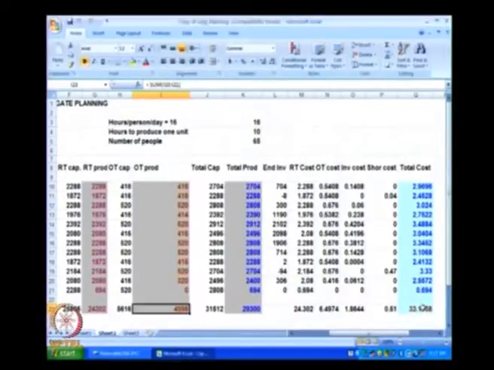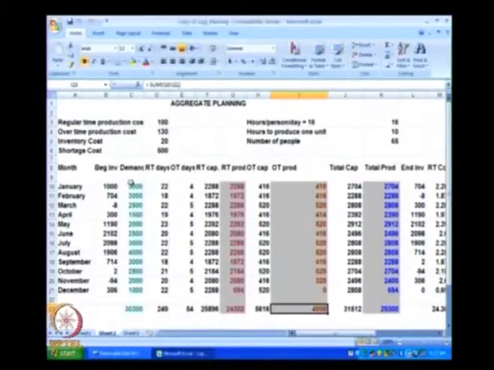minimized? So, the aggregate planning problem can be defined as, given the demand for the single product for 12 months, right now we are assuming one product, later we will tell you how we take care of multiple products.